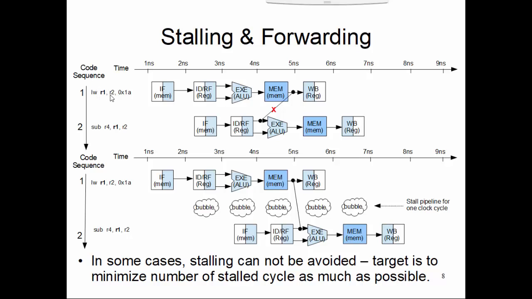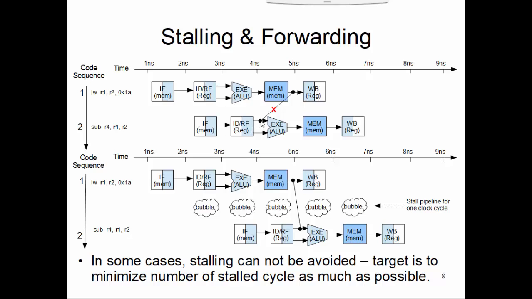But you are trying to use the updated value at the 4th nanosecond, which is the start of the third cycle of the second instruction. Clearly in the timeline, your data is not available, right? This is not a time machine. You cannot just go and fetch something from the future which has not happened yet.